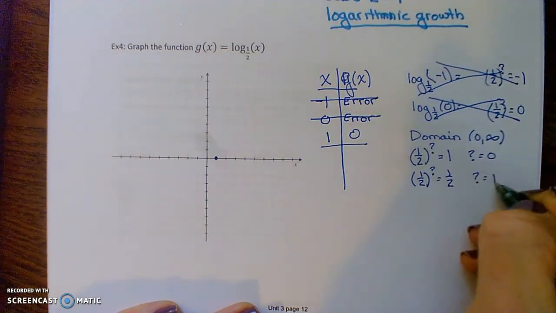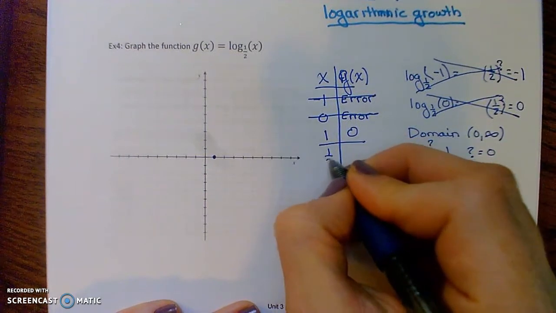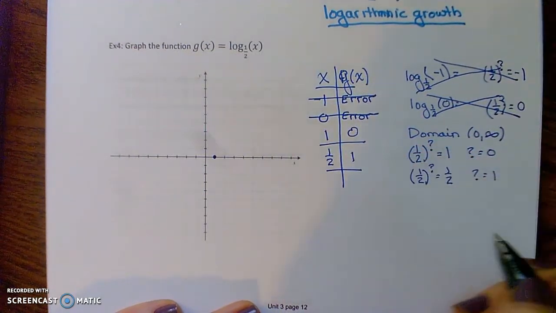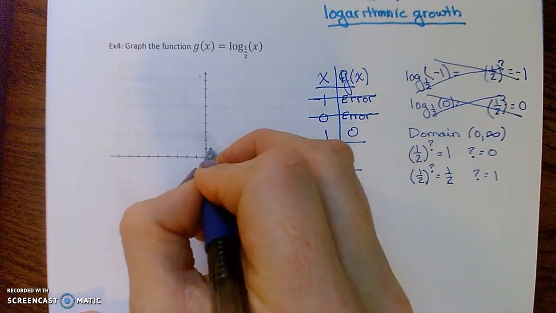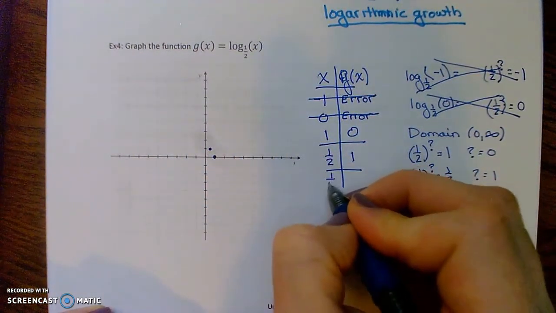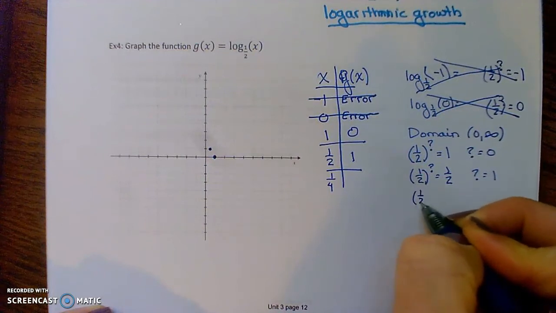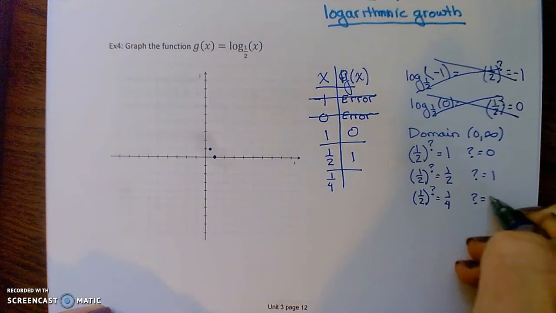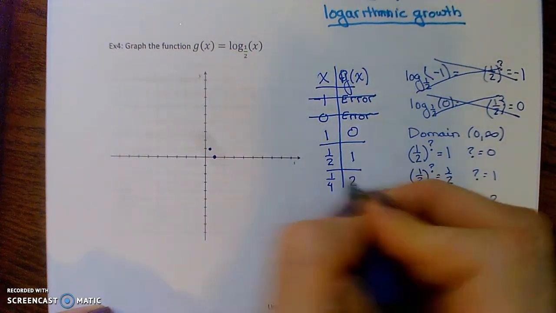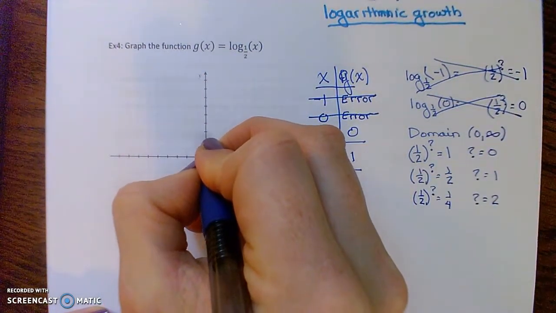That power would have to be 1. So if I plug in a half, I get out the number 1. Let's plug in a fourth. 1/2 to what power is a fourth? That power would have to be 2, right? So plug in a fourth, you get out 2.